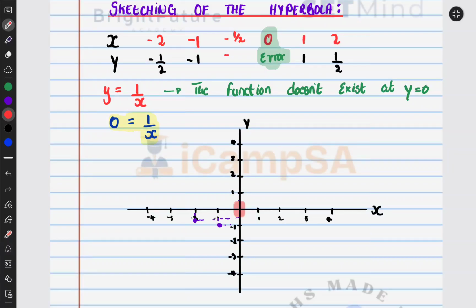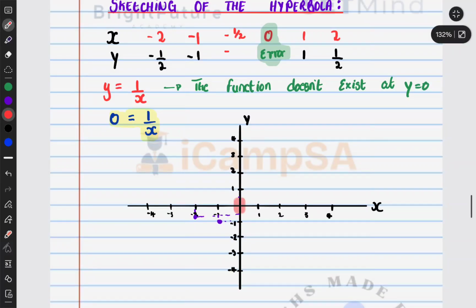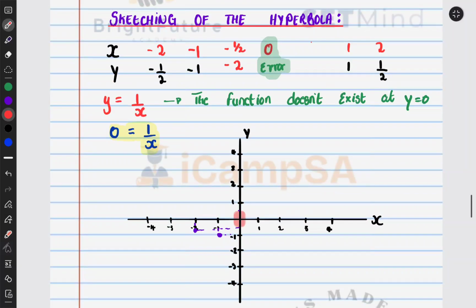So 1 divided by a half, it's going to be 2. Then let's add another value here, and then we have 0 and error. Our function doesn't exist there. And then where x is 1 over 2, the corresponding y value will be 2.